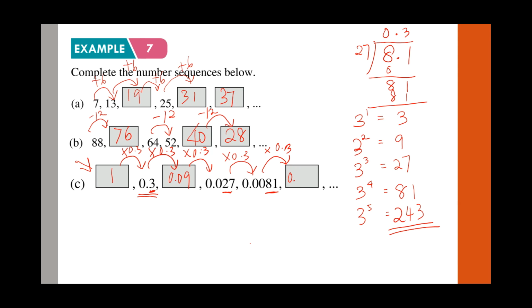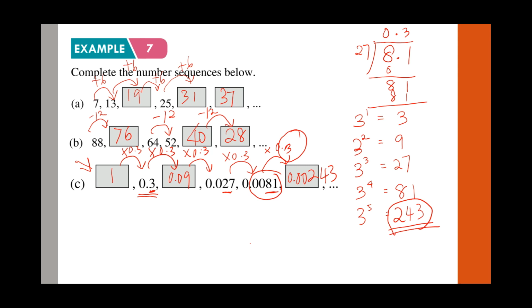You almost got it. It's actually the 243 is at the back. You see, this one is 1 decimal place. This is 4 decimal places. So when you multiply, you will have 5 decimal places. So from the back, this is 1, 2, 3, 4, 5. You just add on the 0 there in between the decimal point and the number. So the answer is supposed to be 0.00243. Yes, you are right, Putri.